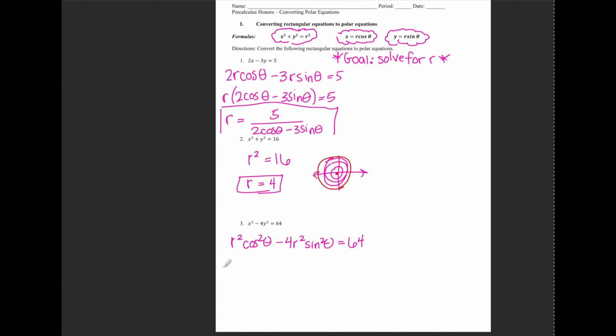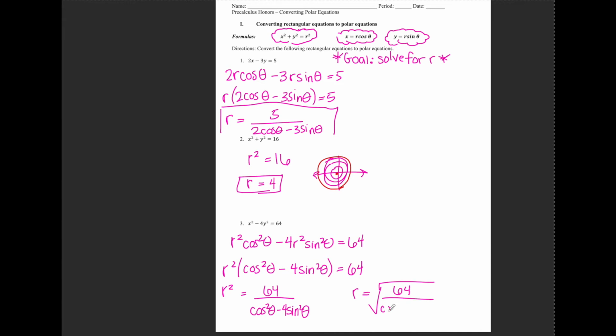If I now factor out an r squared, I'm left with cosine squared theta minus 4 sine squared theta. I can then divide by the cosine squared theta minus 4 sine squared theta. And then last, I can take the square root. So r is going to be equal to the square root of 64 over cosine squared theta minus 4 sine squared theta.